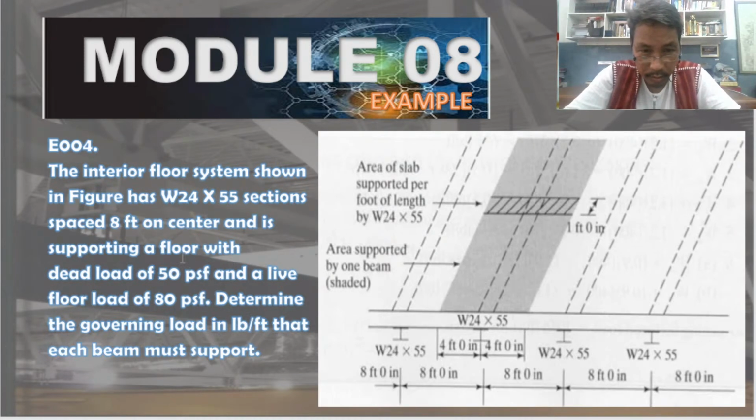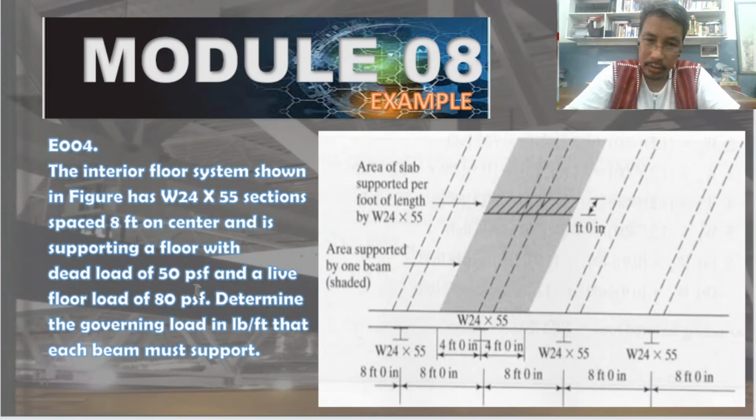So let us continue with the problem. The W24 by 55 section is supporting a floor with dead load of 50 PSF, pounds per square foot, and a live floor load of 80 pounds per square foot.